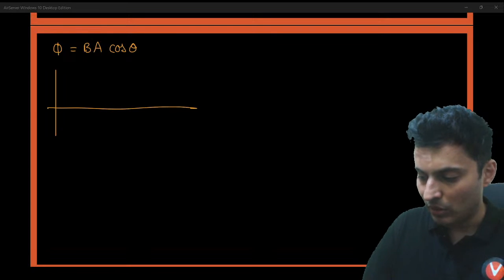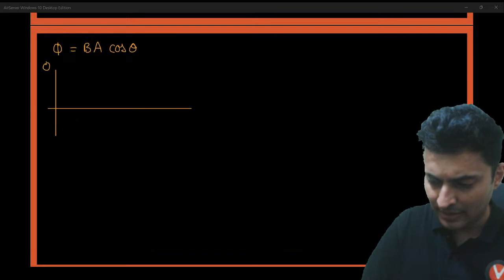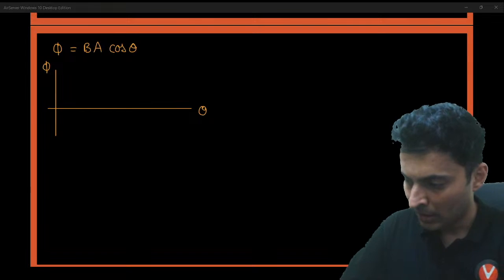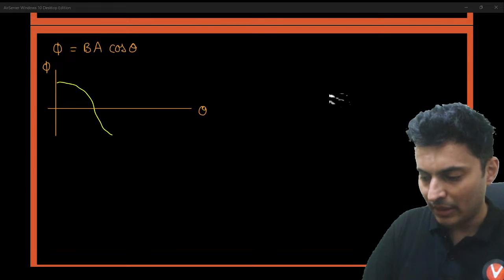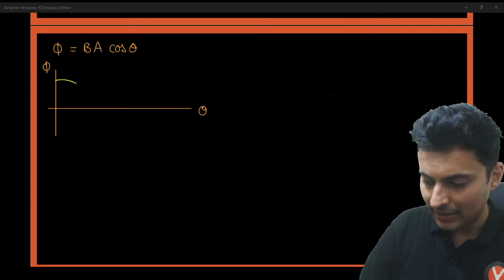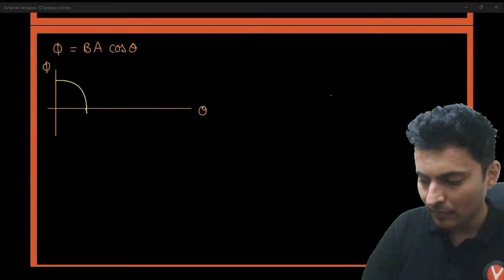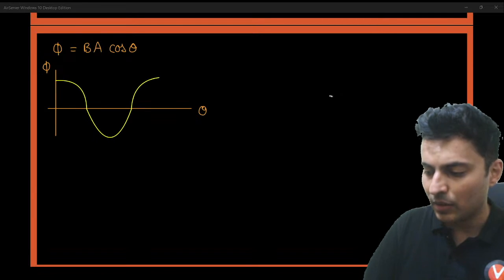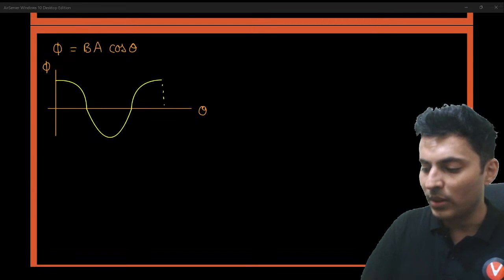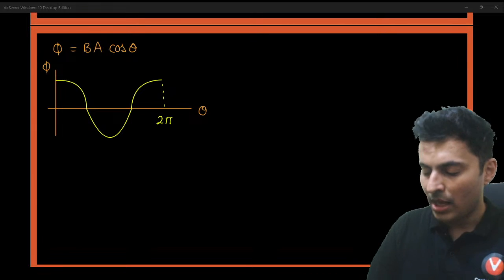So if one were to draw the graph of flux with respect to theta, this graph will be just like a cos graph. It will look something like this, then like this, then like this. That's how you would expect it to be.